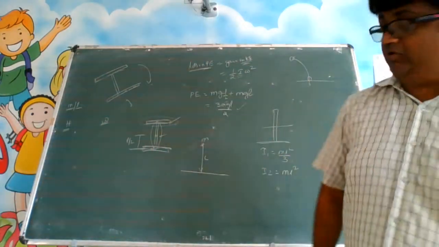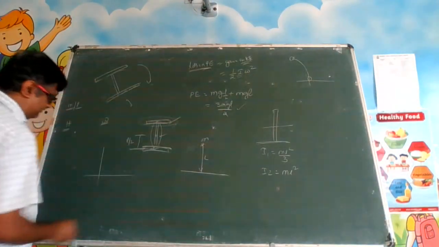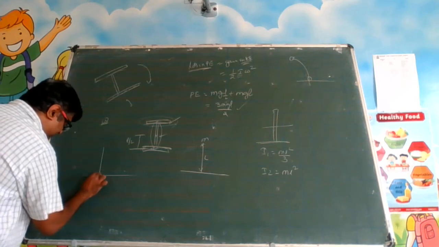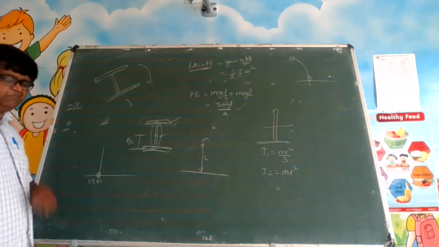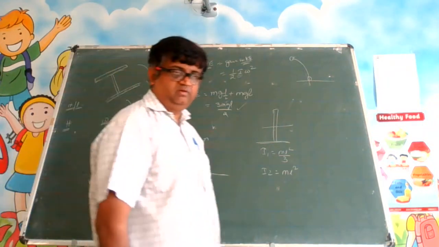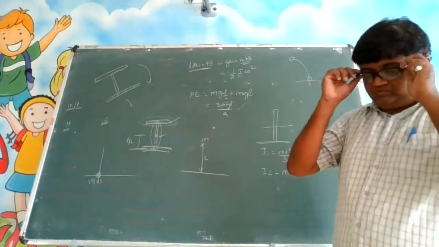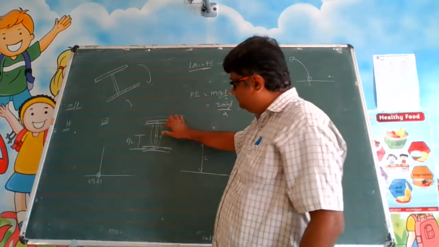Because if I take, let us say, this is my reference axis, this is my 0, 0. You put the mass exactly here. What is the moment of inertia of that mass with respect to that point? 0. Because mr square, it is exactly at that point, so R is equal to 0, moment of inertia is equal to 0. So only these two will be contributing.